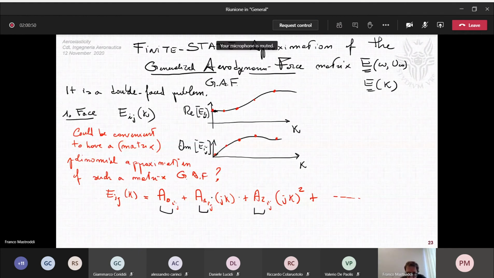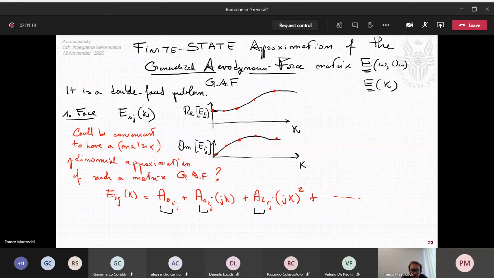You may evaluate this coefficient by imposing that your fitting structure has a minimum distance with respect to the data assigned. Okay?